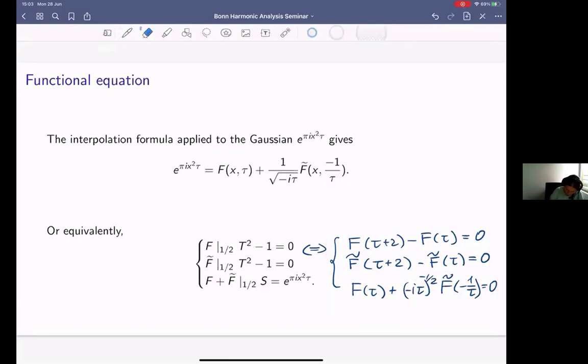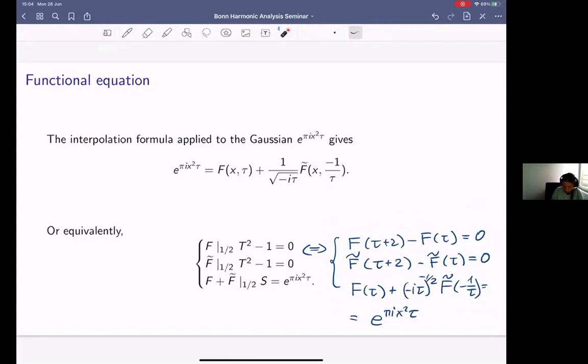Okay, so here, sorry, this should be e to the pi x squared tau. Here I omitted the variable tau, but the variable tau is still secretly present here.